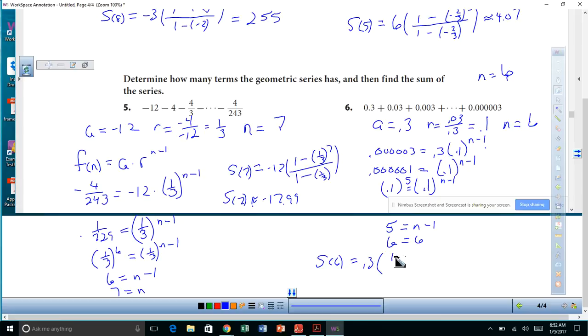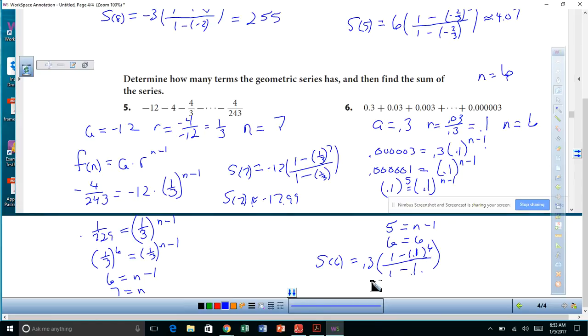Now let's see, S of 6 equals 0.3 times 1 minus 0.1 to the 6 over 1 minus 0.1.